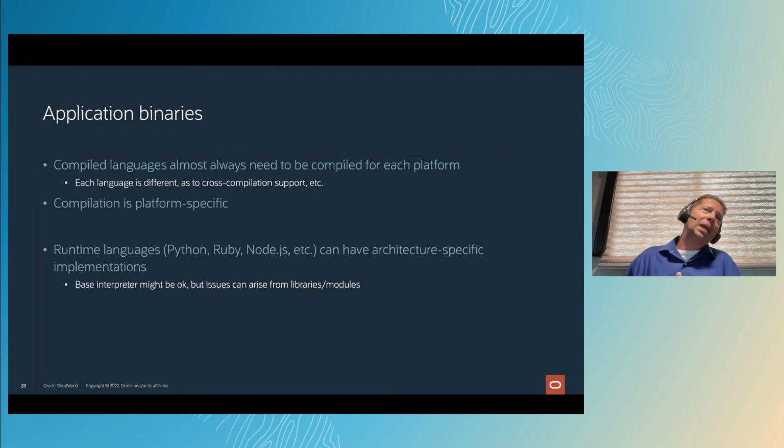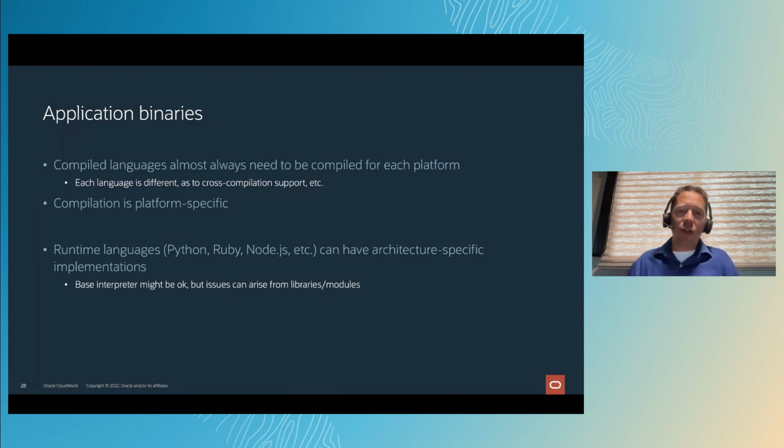Now, oftentimes it's easy to think that runtime languages, interpreted languages like Python or Ruby, have really nothing to worry about here. And oftentimes that's the case, but there are often issues from libraries or modules or gems that can come into play, especially when we think about different extensions, libraries, modules, gems, what have you, that are compiled in C, for instance.